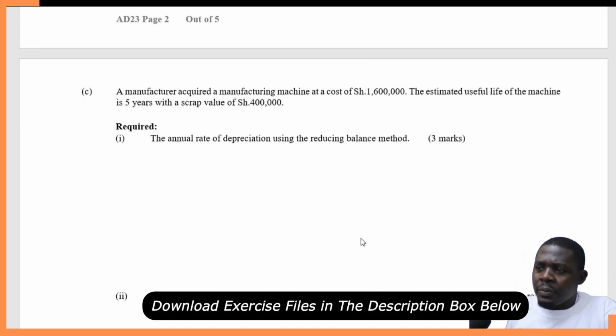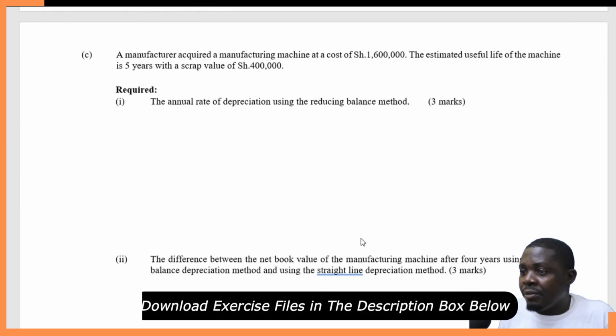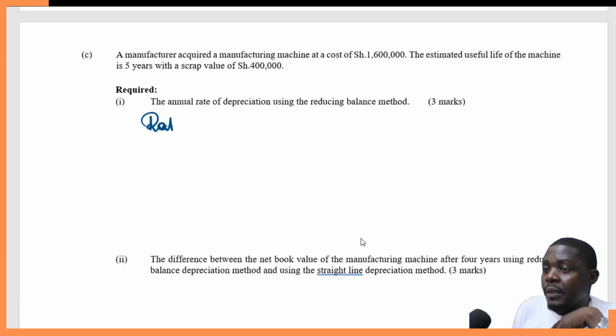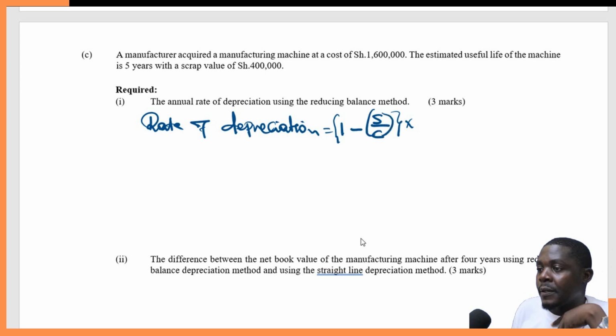Now, we are going to adopt this particular formula to calculate the rate of depreciation, which we have not been given. The rate of depreciation, we are going to adopt this formula as 1 minus S over C, all raised to the power 1 over N, multiplied by 100.